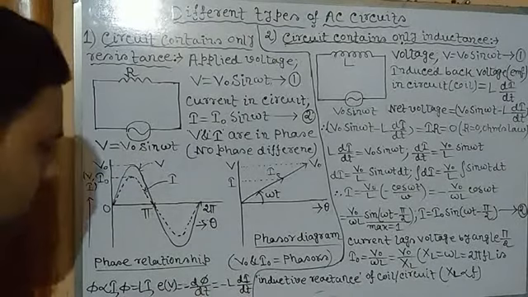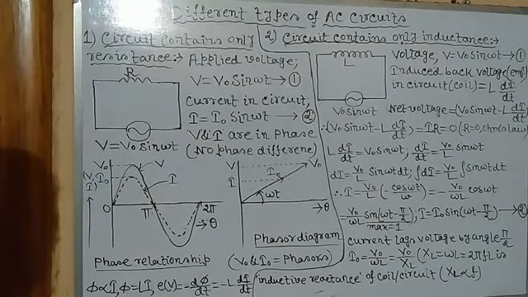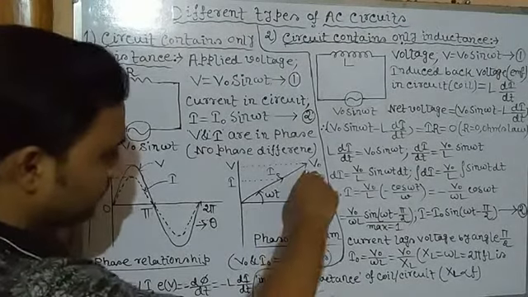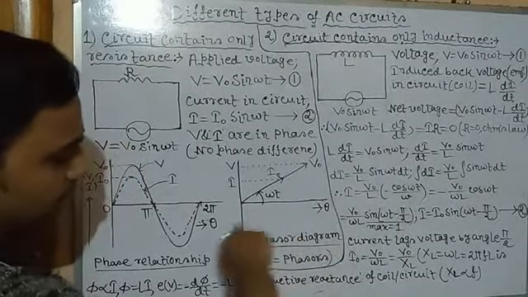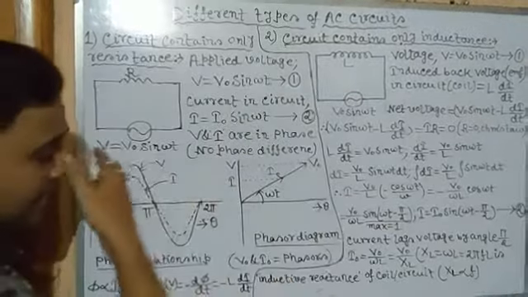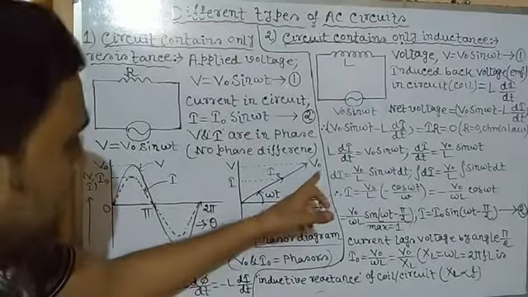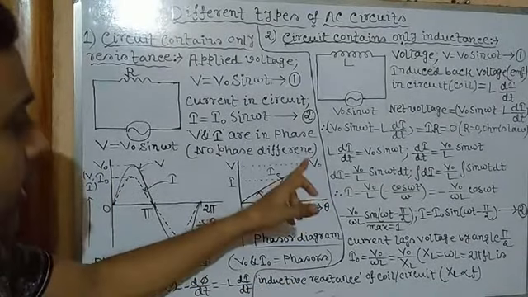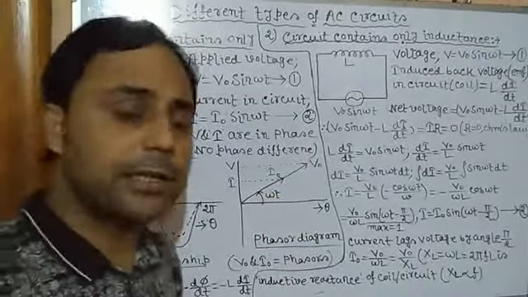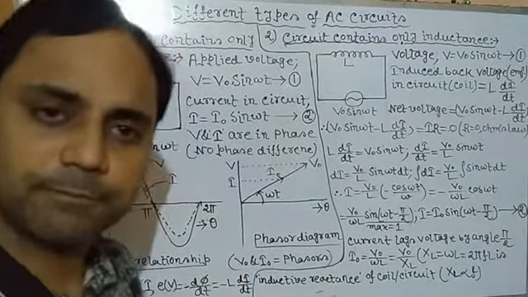Now the next diagram we will try to understand. You can see the same graph, that is theta is plotted along the x-axis, voltage and current along the y-axis. Now you can see the maximum values of the alternating voltage and current are represented by arrows, that is by vectors, isn't it?